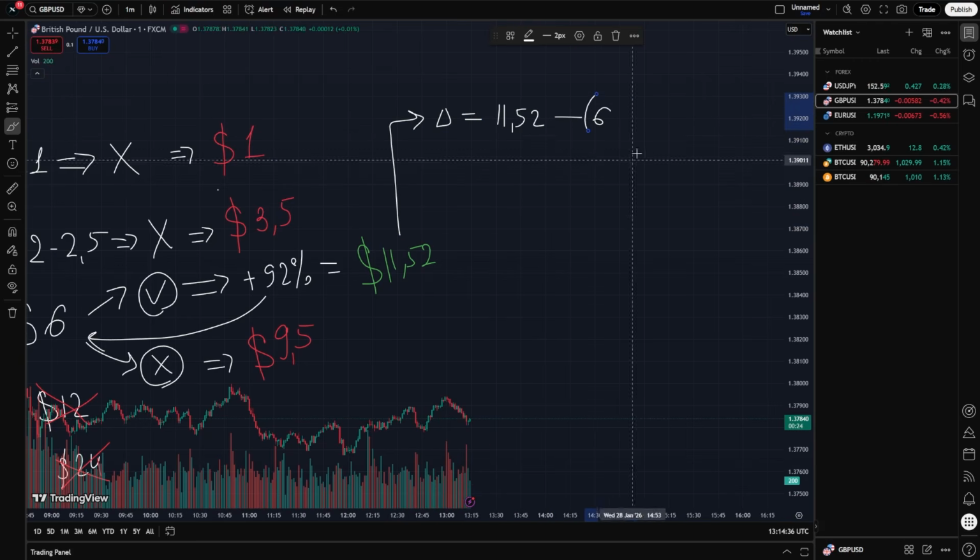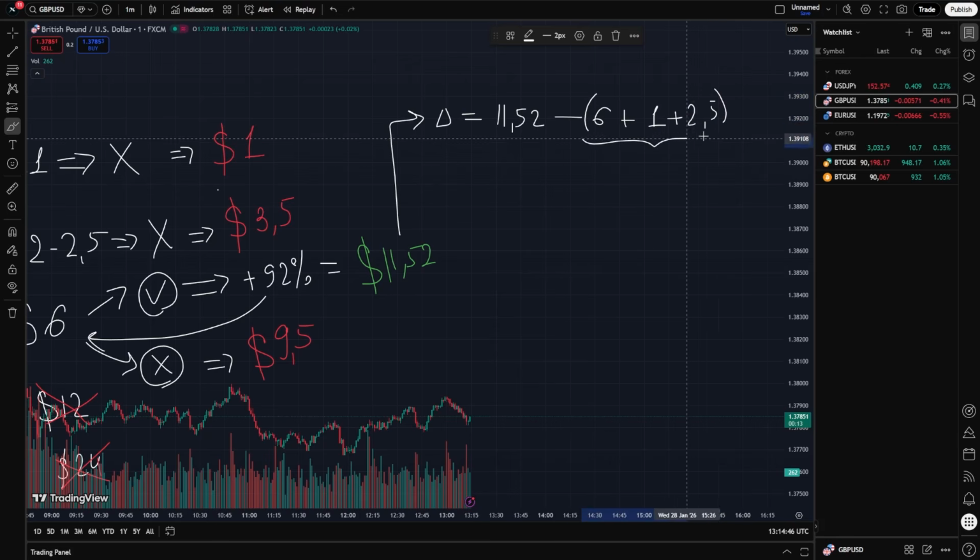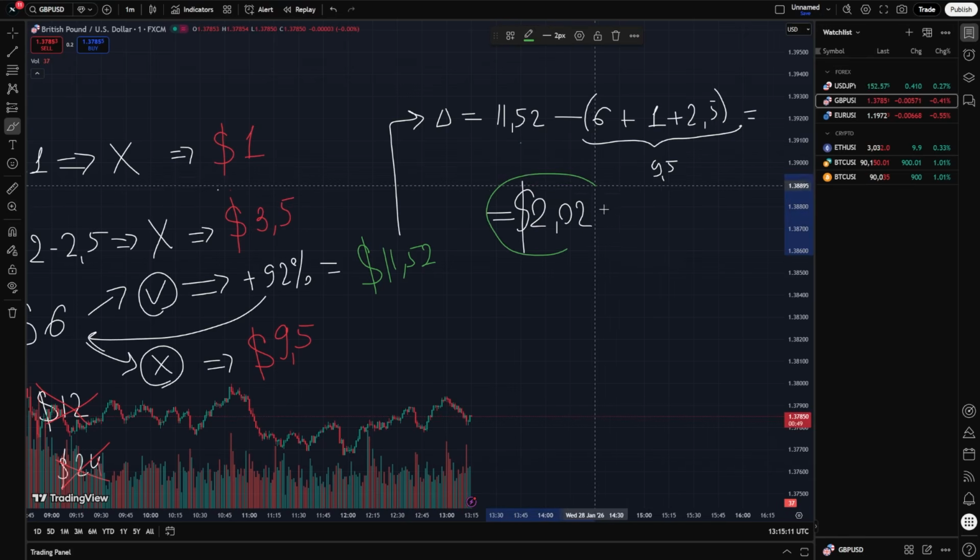The delta is calculated as follows. We take our $11.52, and from this we subtract all the funds we invested. Our trades were $6, $1, and $2.5, a total of $9.5. So ultimately, we get 11.52 minus 9.5, which gives us a net profit of $2.02. This is our pure profit, what we actually earned.